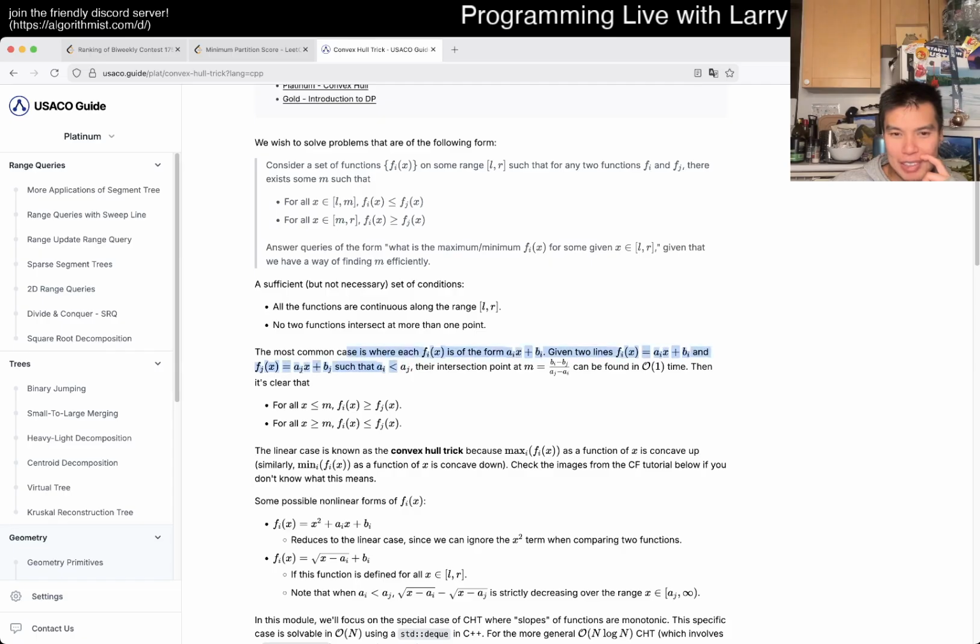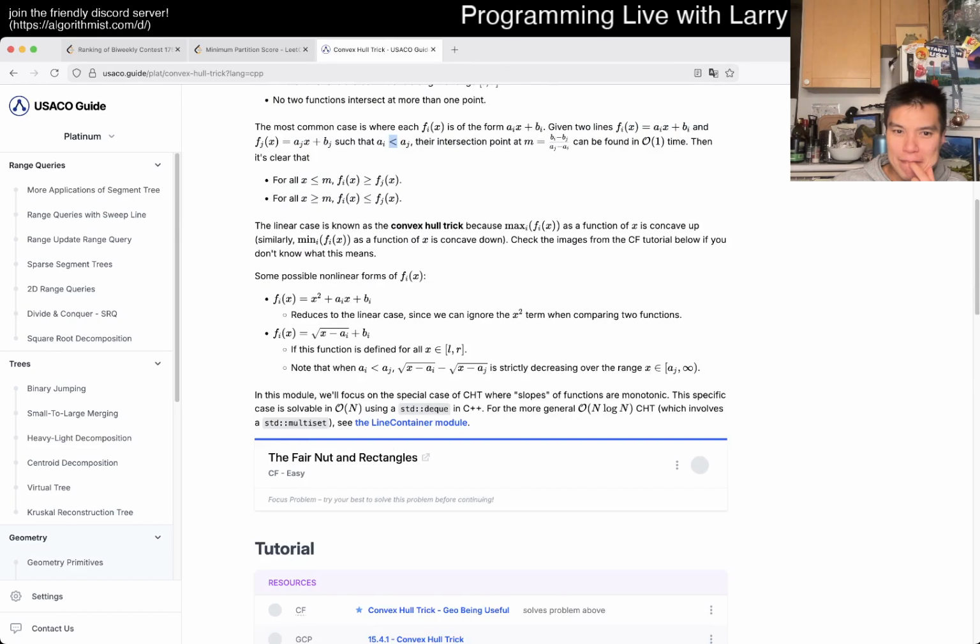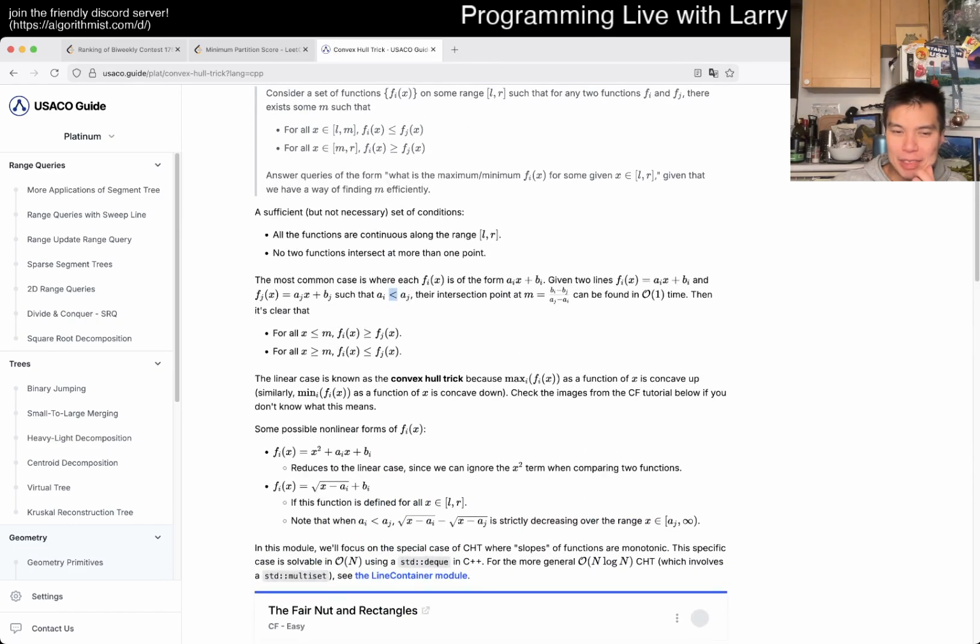So we do some sorting here on A sub I. And we have this A sub I in this case then for our problem, 1/2. They're all the same, right? I'm confused. What is the variable here?